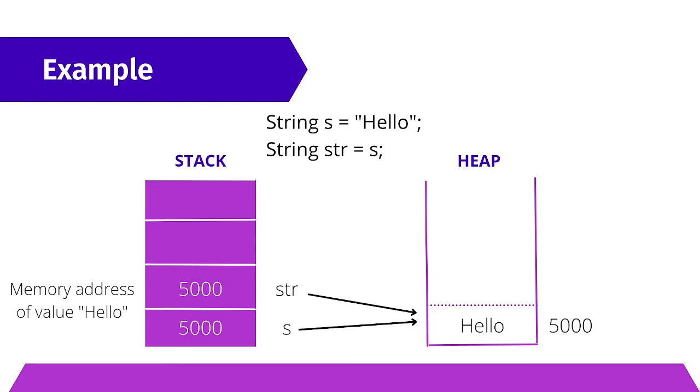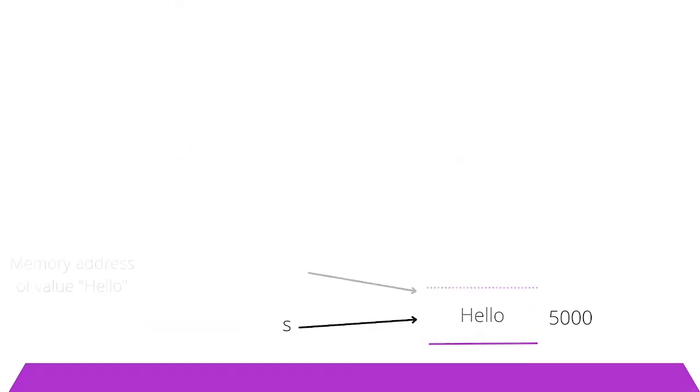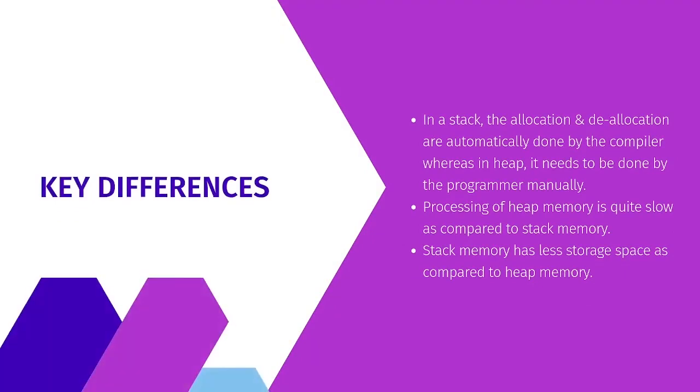And the actual value, which is hello, is at the address location 5000 in the heap. So these two variables, str and s, are reference variables which refer to this particular address location 5000, which contains the value hello.